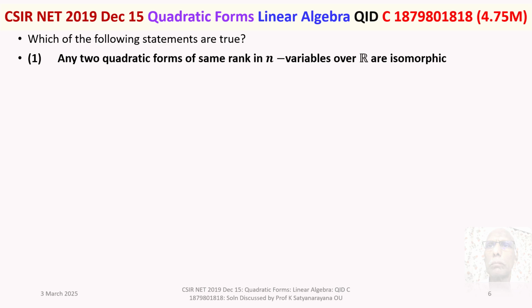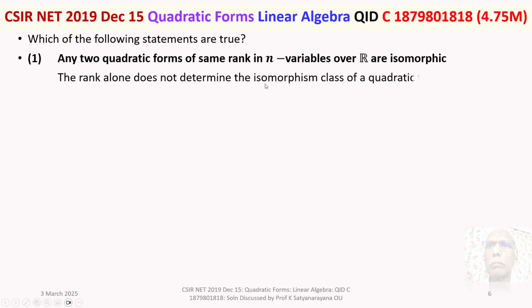One is rank and the other is the signature. But here it is given only the rank. The rank alone does not determine the isomorphism class of a quadratic form over R, and we require the other condition, signature, also. We give the following counterexample.